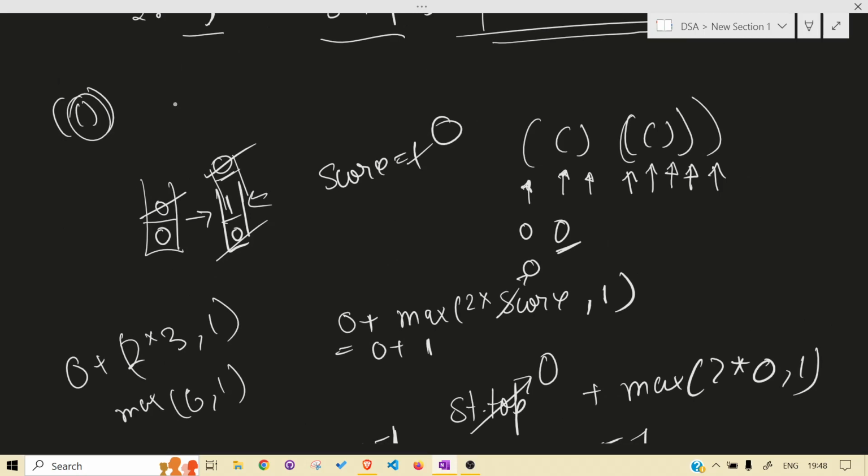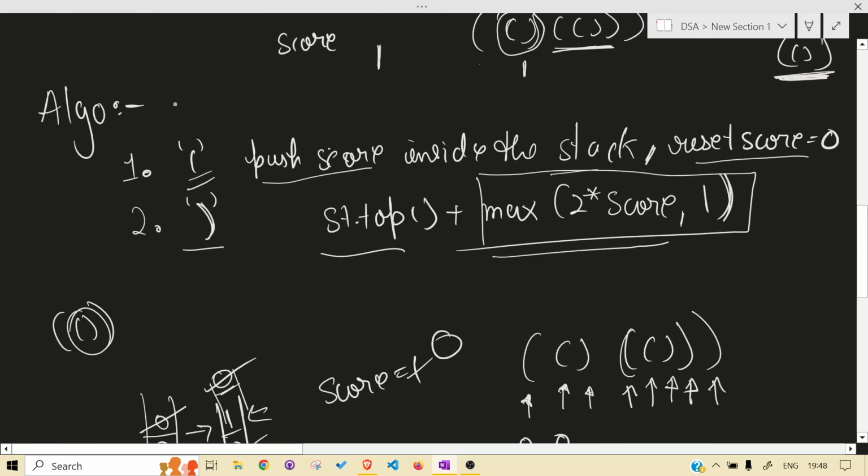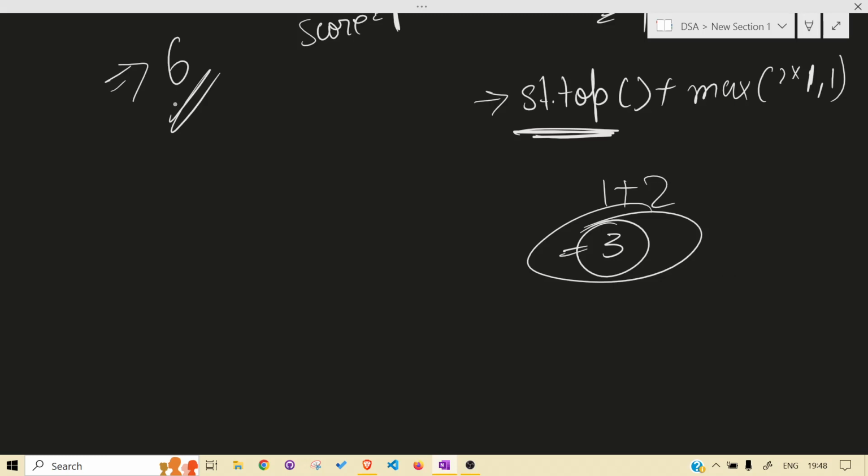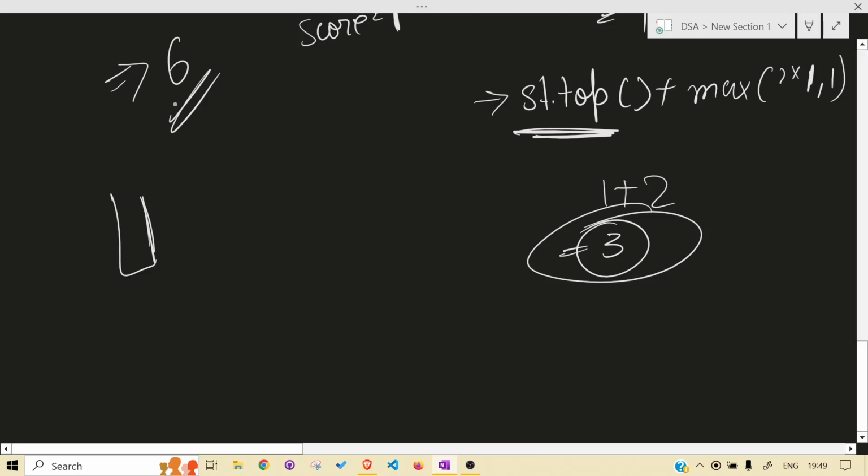So I hope I was able to make it clear and intuitive to you. For some of you it may not be intuitive because you didn't do the question, and also you didn't approach it or try this problem on your own, because you have to fail some test cases in order to really understand what score really means.